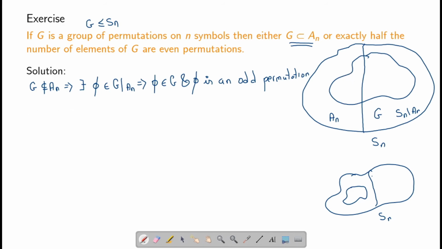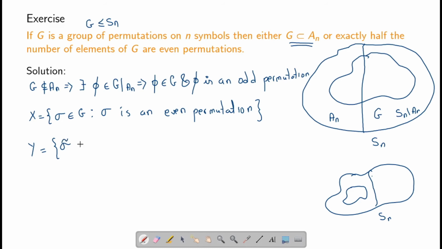So let us take X to be the set of all sigma in G such that sigma is an even permutation, and we'll take Y to be the set of all sigma tilde in G such that sigma tilde is an odd permutation.